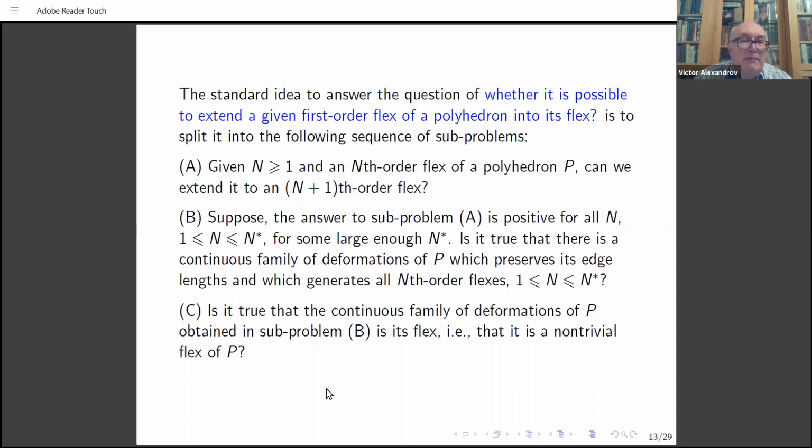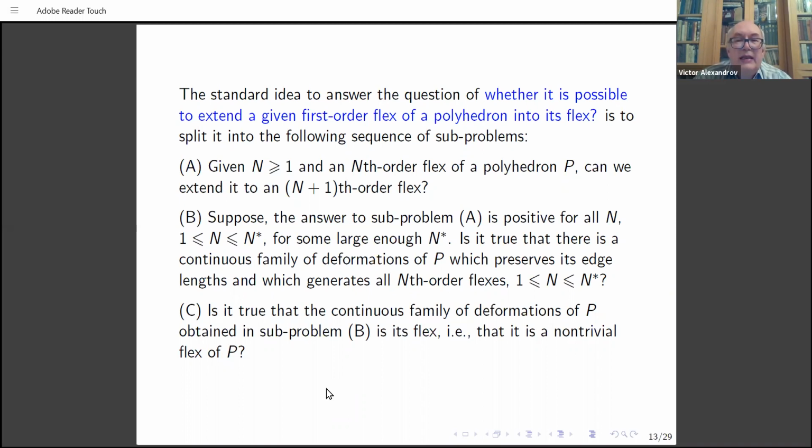The second problem, B, says, suppose the answer to sub-problem A is positive for all n such that they are greater or equal than 1 and less or equal than some n star, for some large enough n star.